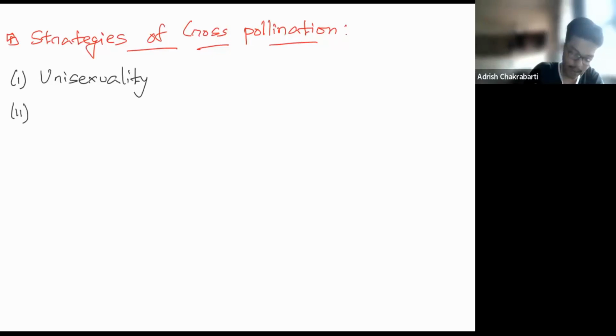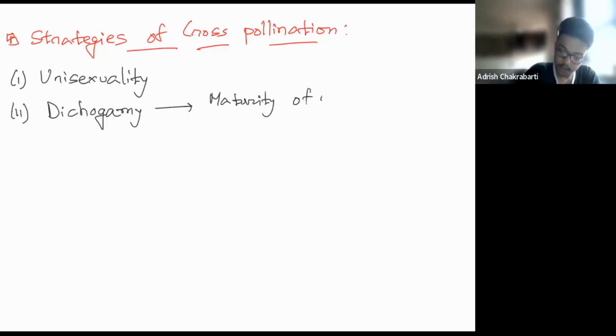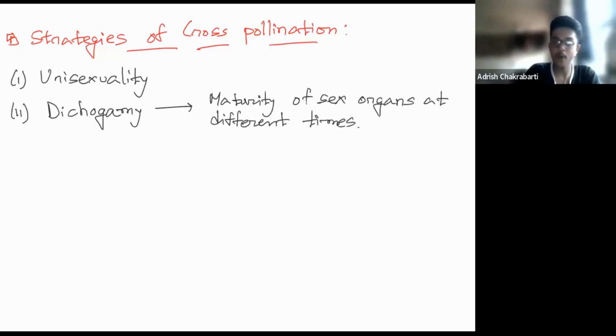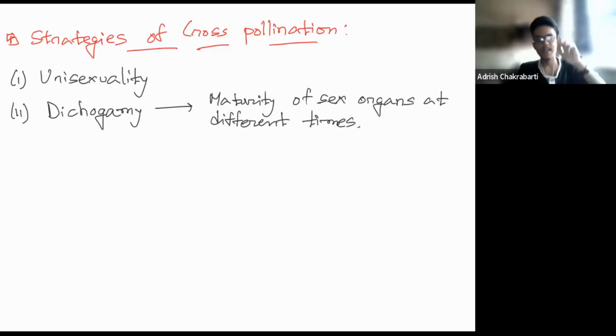Next is dichogamy. It is maturity of sex organs at different times. So in self-pollinating plants, what do we observe? In case of self-pollinating plants, the male reproductive organ and female reproductive organ mature at the same time.